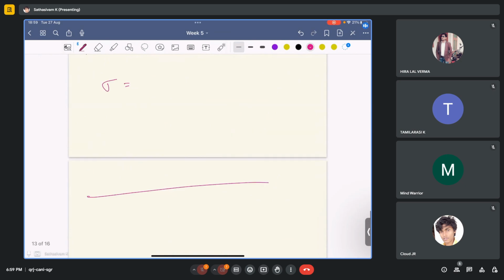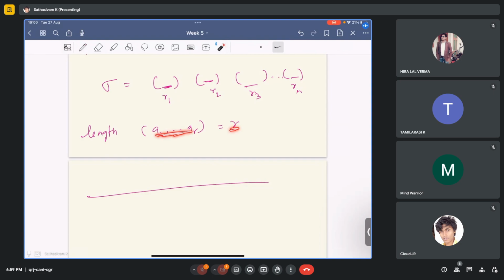Let's say the first cycle is like this, a1, a2, a3, up to ar. So what is the length of the cycle (a1 ... ar)? This is nothing but r. How many elements are there? That is what I call the length. Okay. If the lengths of these cycles are r1, r2, something like this.